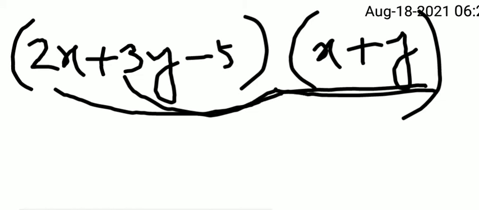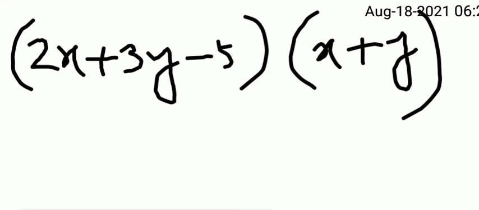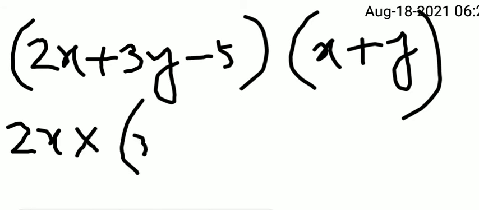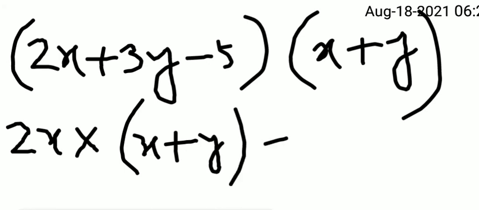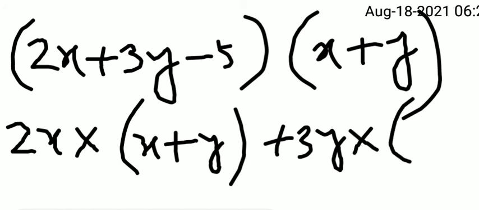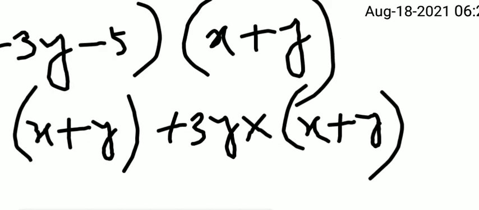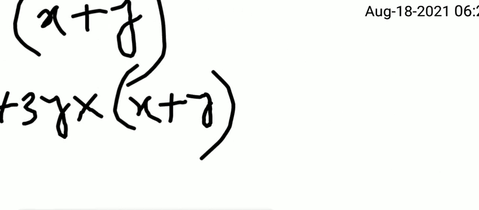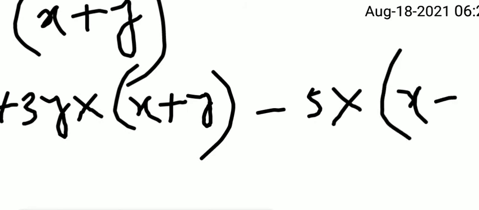Okay, so 2x multiplied with x plus y, then plus 3y multiplied with x plus y, and then minus 5 multiplied with x plus y.